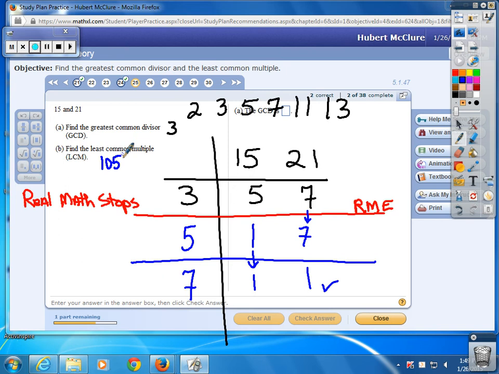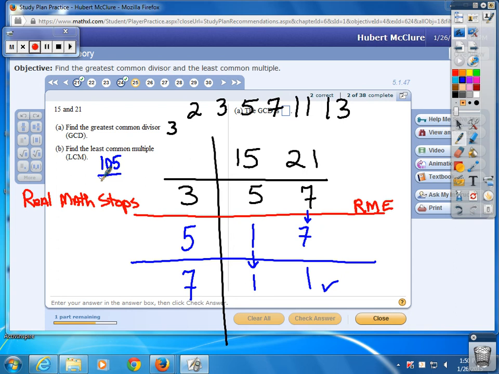What's 35 times 3? 105. So the smallest number that 15 and 21 will go into is what? 105. And later on, that's going to be called your common what? Denominator. And you're going to learn how to do that. So that's how you do it.